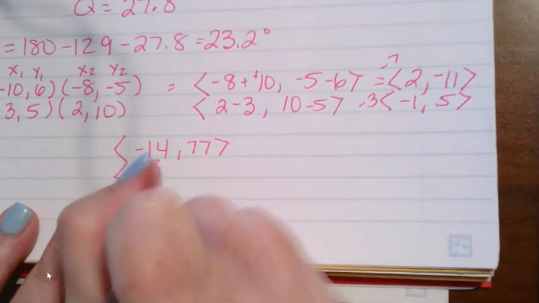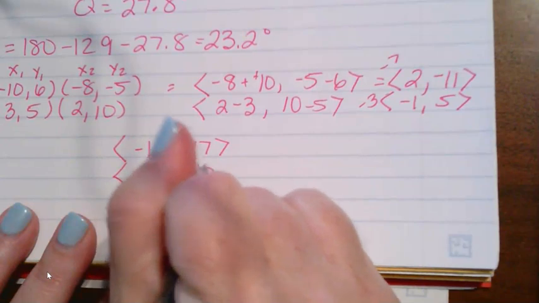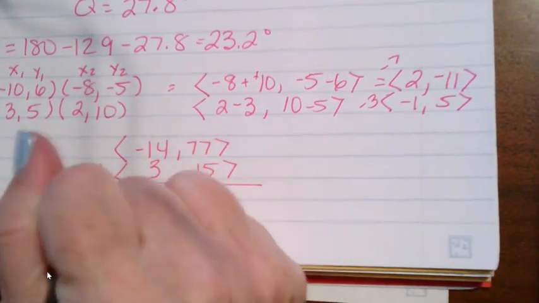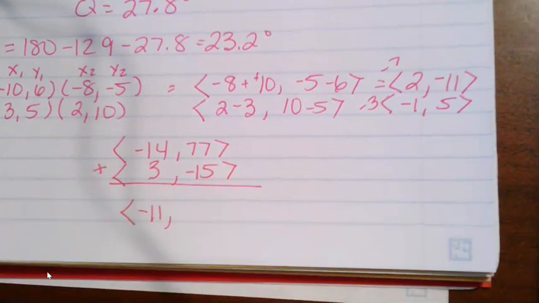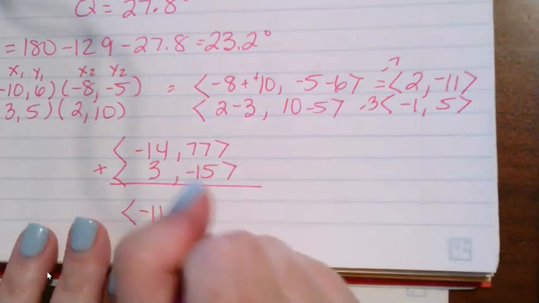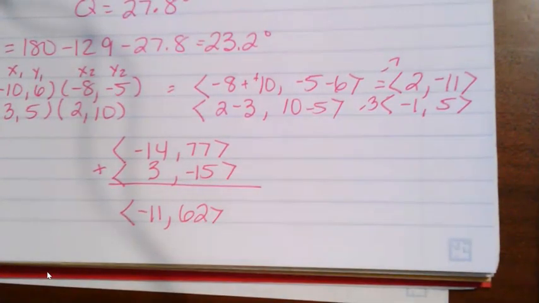We're going to get 3 and negative 15. Now we're going to add them. So I'm going to get negative 11 and 62. Okay. And that's how we get that answer.